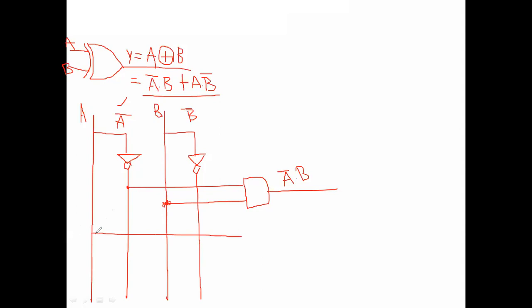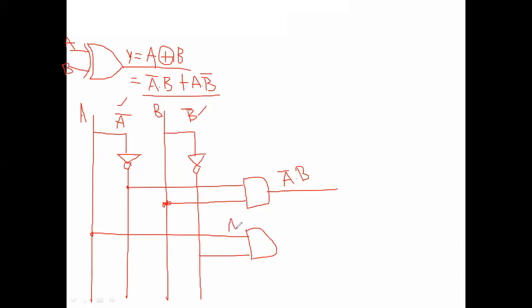Next, A dot B bar. This is A. B bar means where that will be, here. This is B bar. So from here, for these two inputs, connect an AND gate because a dot is there.